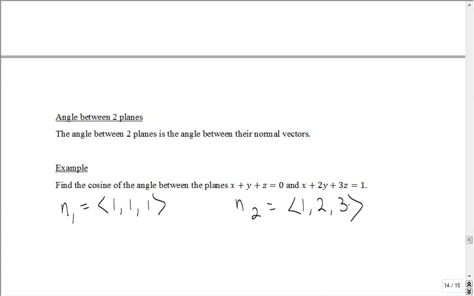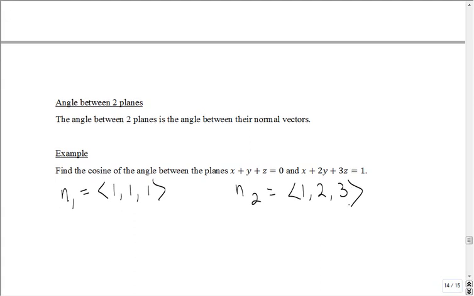So now we need to find the angle between these two vectors. So let's recall dot product. That's what we did the last time, right? So we need n1 dot n2. And that is 1 plus 2 plus 3, which is 6.